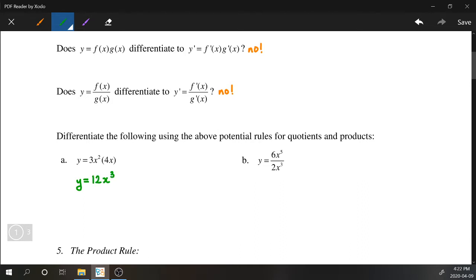Then we can take the derivative, and that will be 36x squared. If we were to apply this incorrect rule and take the derivative of each individual piece and simply multiply them together, the derivative of 3x squared is 6x, and the derivative of 4x is 4, and you get 24x, which of course we know is incorrect.